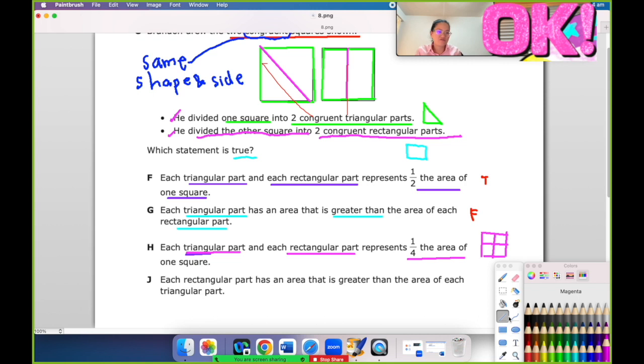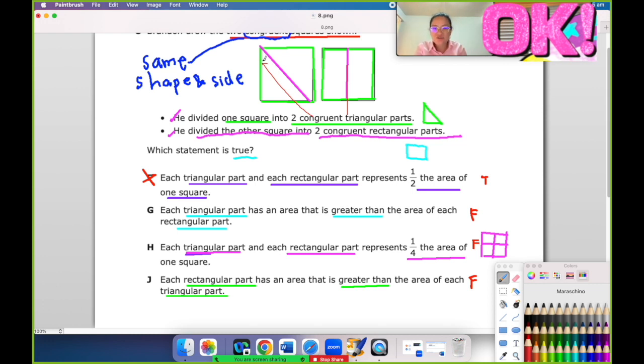So this one is false as well, not true. Go next. Each rectangular part has an area that is greater than the area of each triangular part. It's false, yeah, because it's equal. It's half, it's equal. So the only one that is true is F.